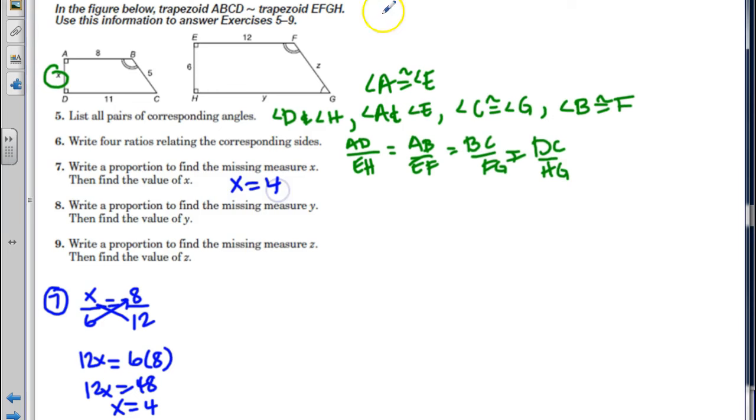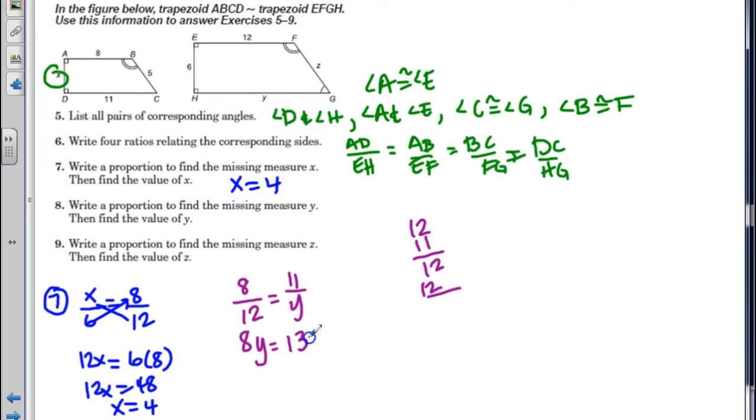X equals 4. Now we're going to find Y. So Y is here at the bottom. We know the ratio is 8 to 12, so 8 over 12 is equal to 11 over y. So 8 times y is equal to 12 times 11. So 132.